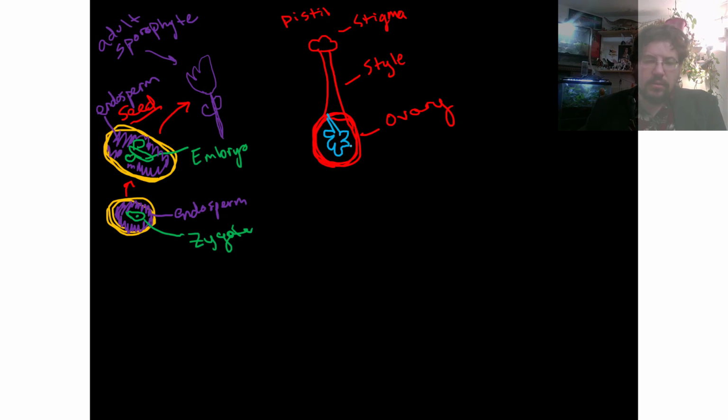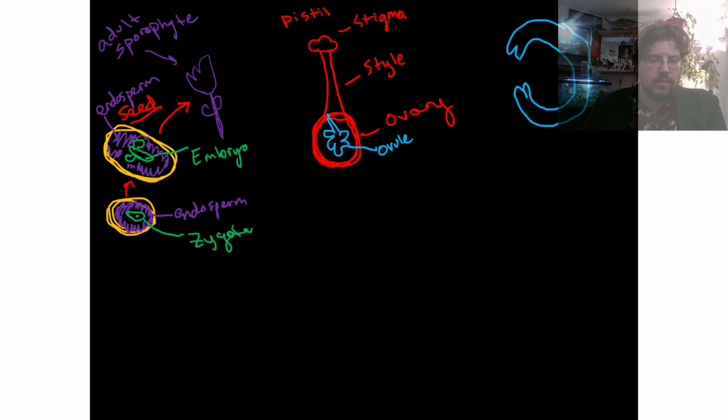So let's get in detail on this ovule. We have 2 integument layers.